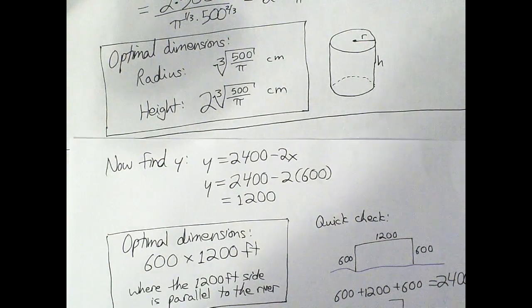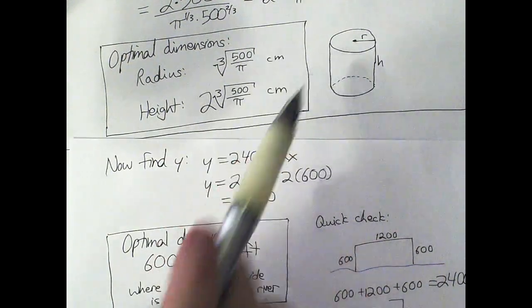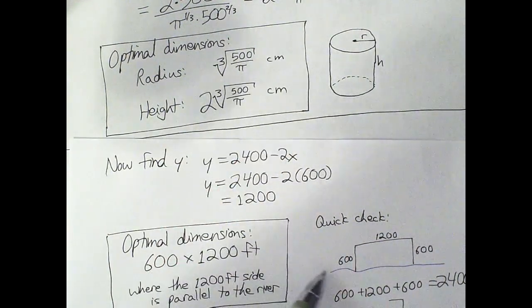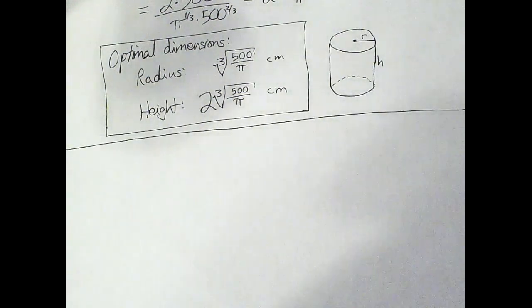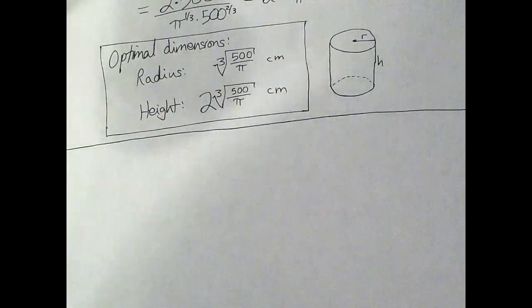That's not always going to happen. It happened with the cylinder. It happened with the rectangle bordered by a river. All right, but you can't always count on that. If it's a problem about dimensions and you find one of them, you can't just multiply it by 2. That might not always be right. All right, so where were we?